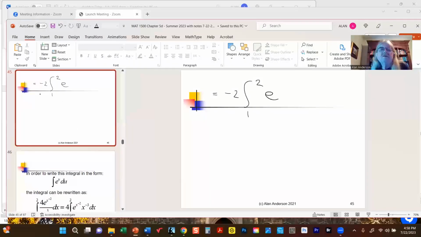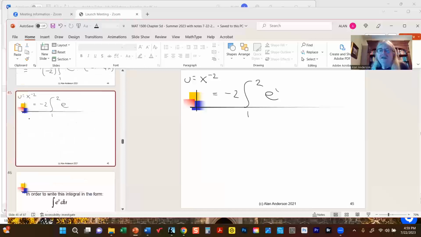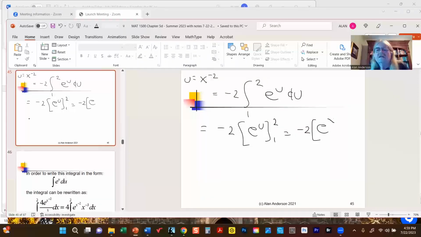And then we have e. Now remember, we chose u to be x to the minus 2 power. So therefore, what we actually have here is e to the u du again. Okay, so we'll evaluate that from 1 to 2. Now we'll make the correct substitutions.